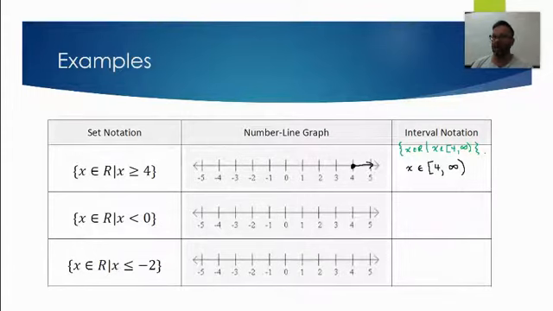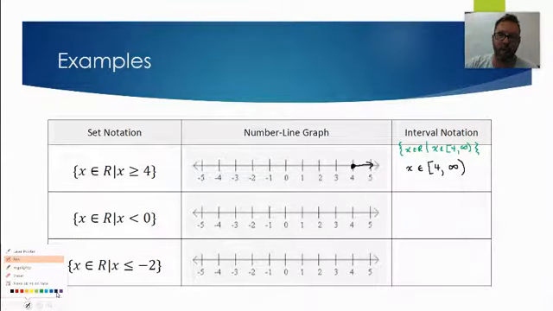I personally find that a little bit much. I am okay if you guys just do x as an element of the range from 4 to infinity, including 4. But depending on the resource I pull practice from, or if you're looking at other things online, just a heads up, you may see that. But for our purposes, I think it's a little redundant.